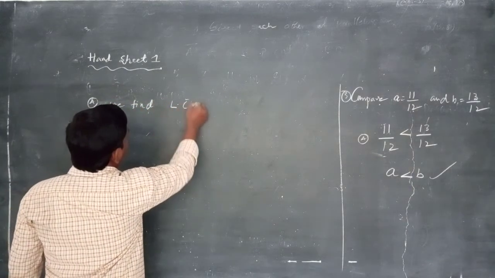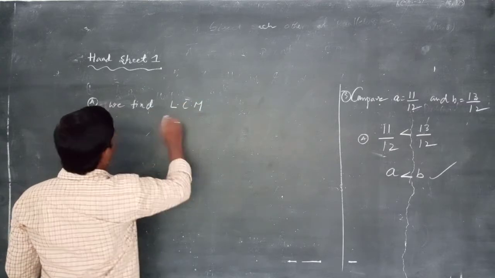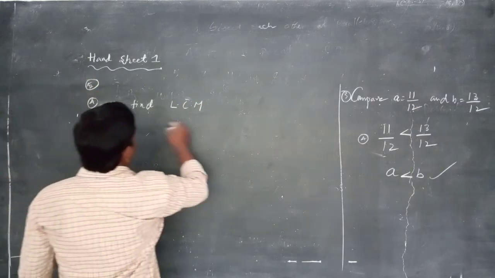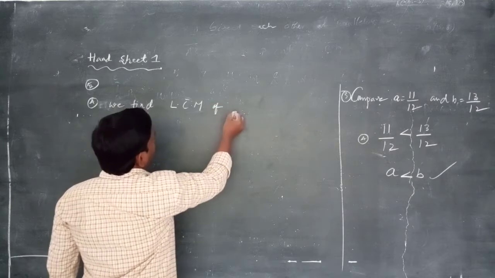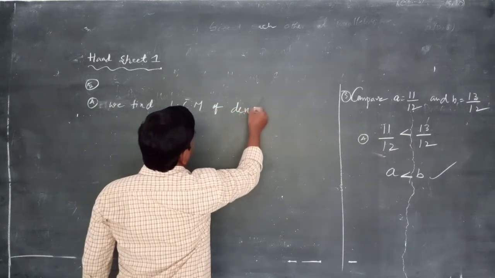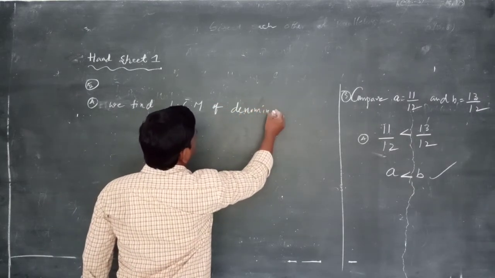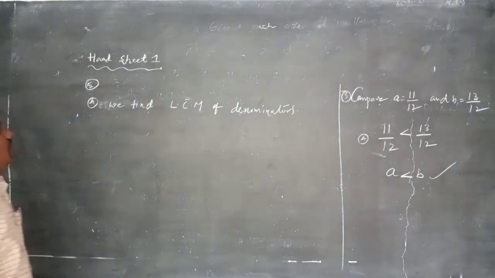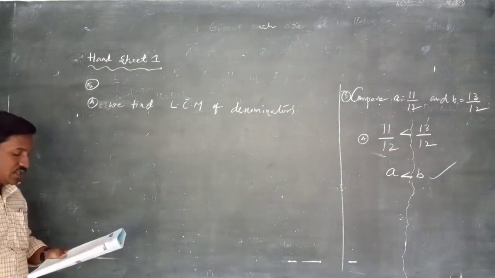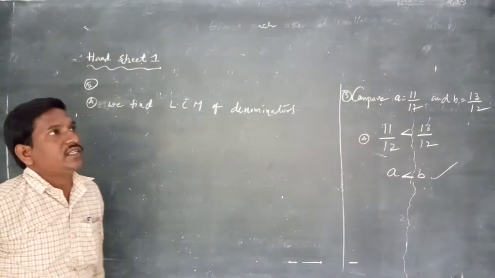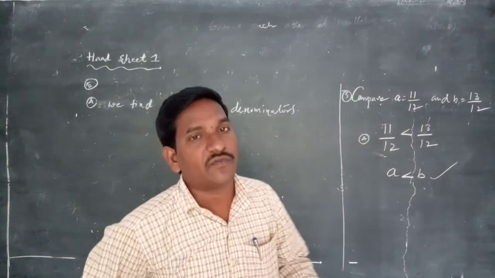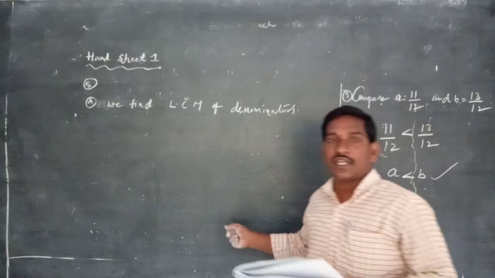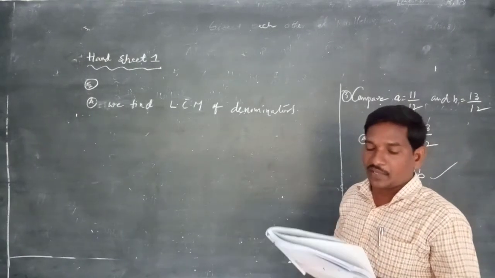That is the fifth question answer. So if you want to change unlike fractions into like fractions, we have to find the LCM of the denominators. We have already completed ascending order and descending order types.